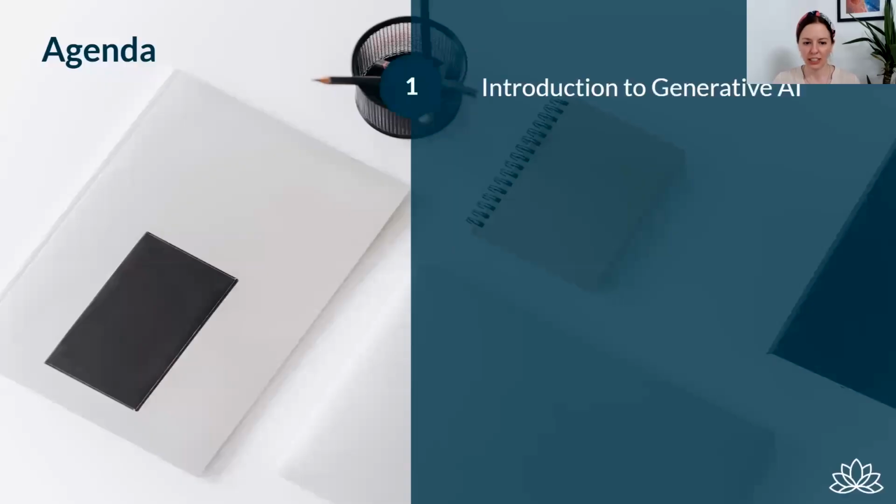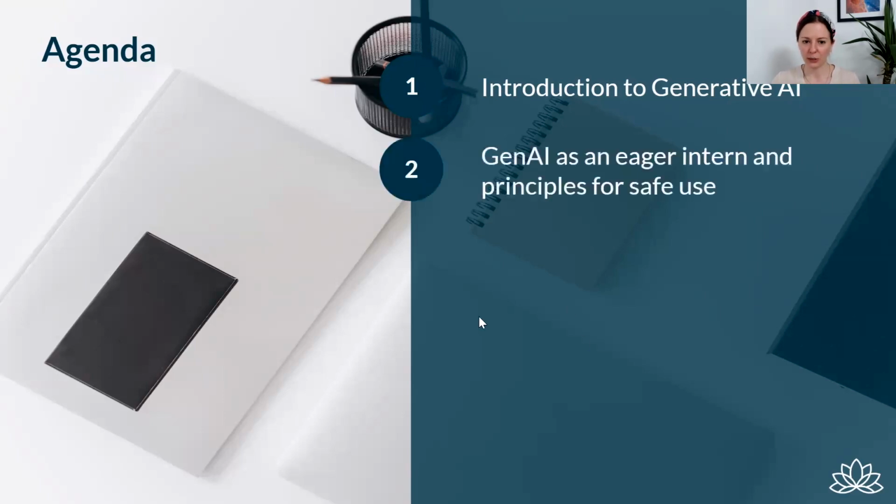So moving into the agenda, just to make sure we all have a similar foundational level, I will very briefly touch on what generative AI actually is and explore some of the key concepts and a few examples of different types of generative AI that exist. Then, as we move into how to actually use it, I find it's really helpful to conceptualize generative AI as an eager intern, and I'll explain why as we go through.